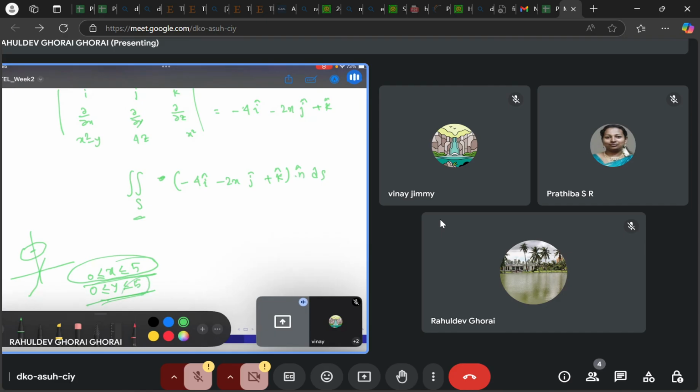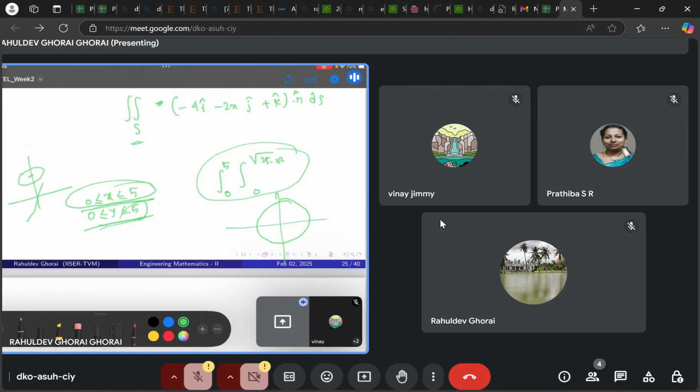So if you want to find that region, then x varies from 0 to 5, and y will be from 0 to square root of 25 minus x square. That will be that circular region.